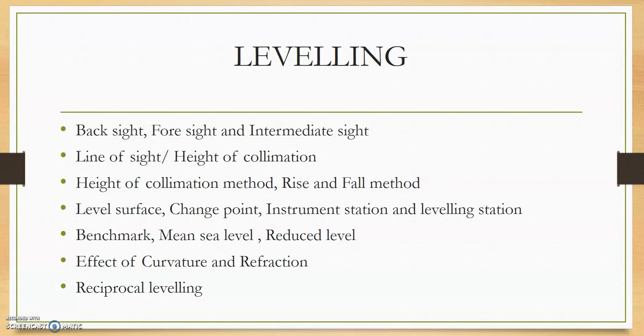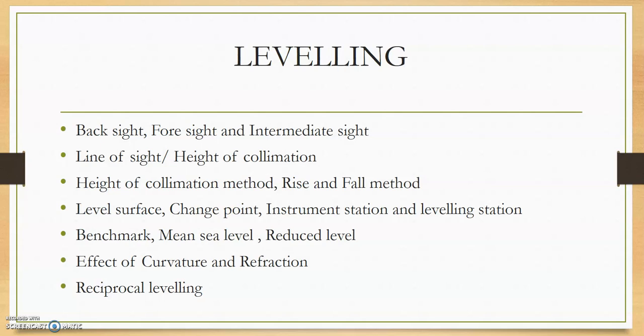Now we have to discuss some basic terminology which is used in the leveling process: backsight, foresight and intermediate sight. I hope you all studied this during your semesters, so I am just reminding you of the terminology.